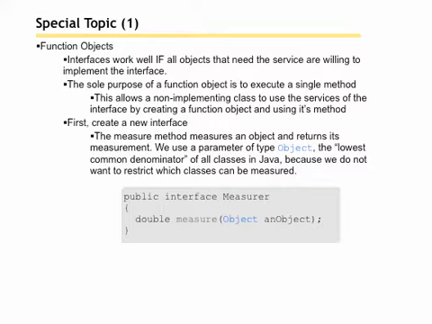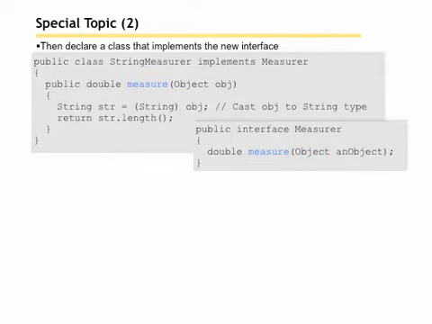That will allow us to measure any class. It would be implemented as follows with public class StringMeasurer implements Measurer, public double measure(Object obj). We cast that obj to a String and then we return its length. So that gives us a way to measure strings even though the String class does not itself implement the Measurable interface.